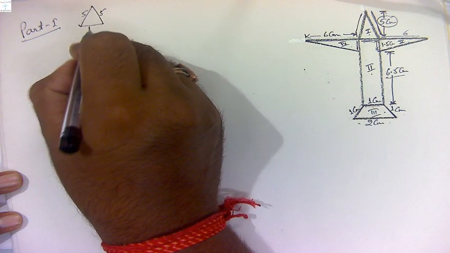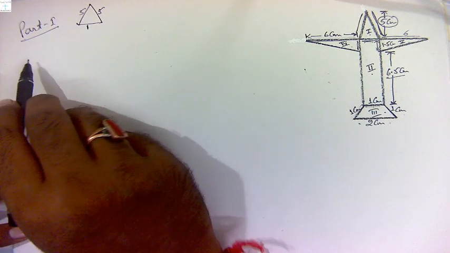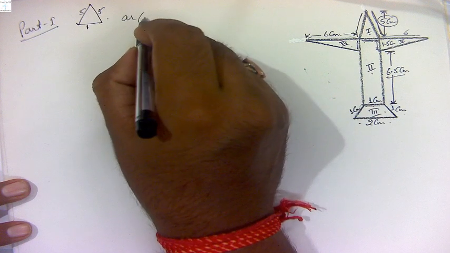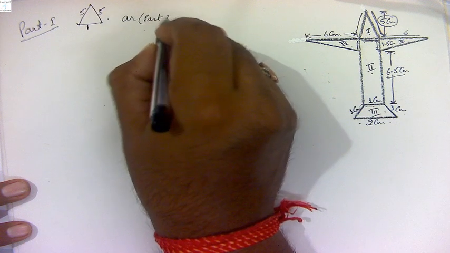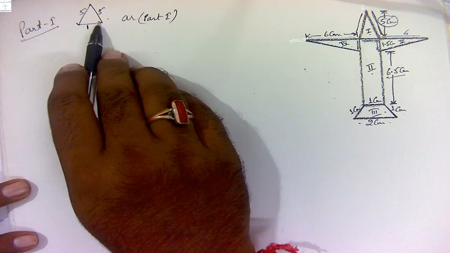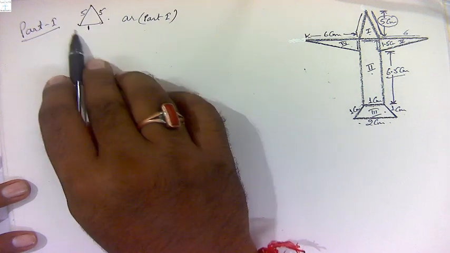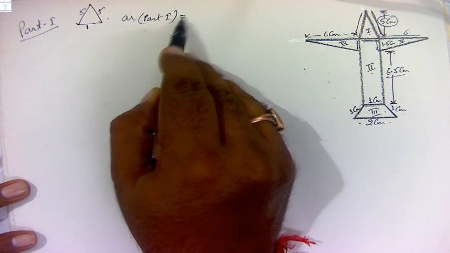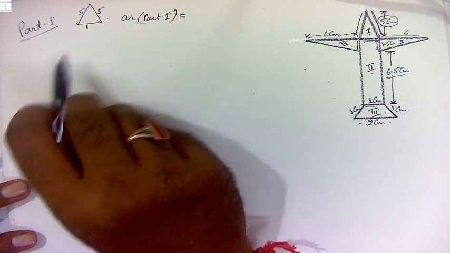So this is 1. So using the Heron's formula, you can calculate the area of part 1. Okay, triangle with 3 sides given to you. So you find the area of this triangle, and you can do it.